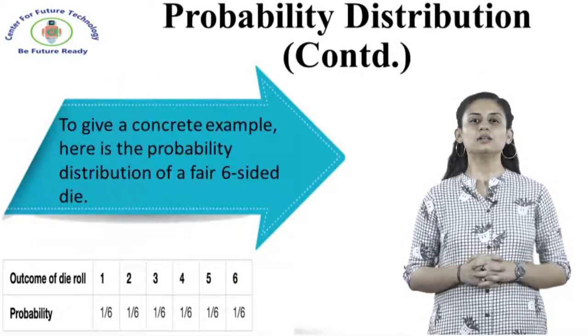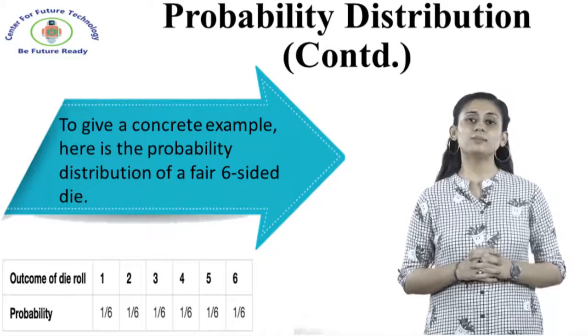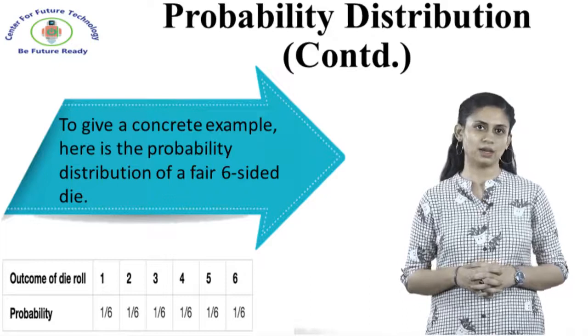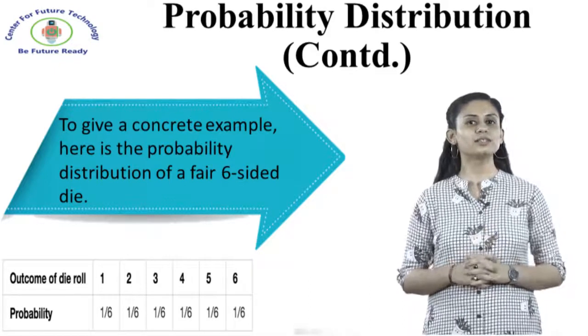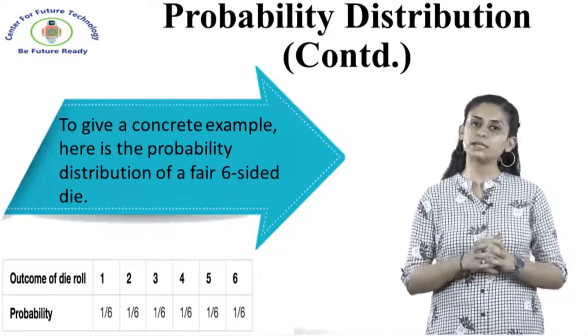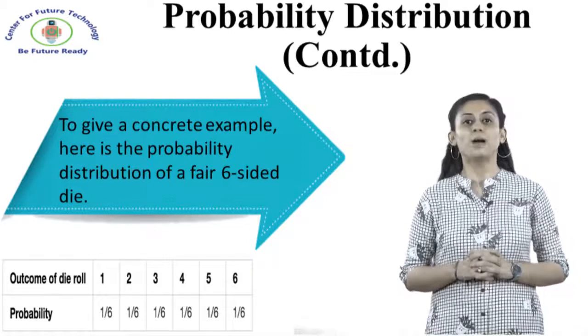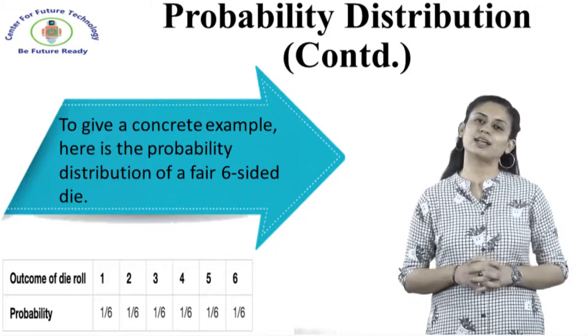To give a concrete example, here is the probability distribution of a fair 6-sided die. The probability distribution for a fair 6-sided die, to be explicit, is an example of a discrete univariate probability distribution with finite support.